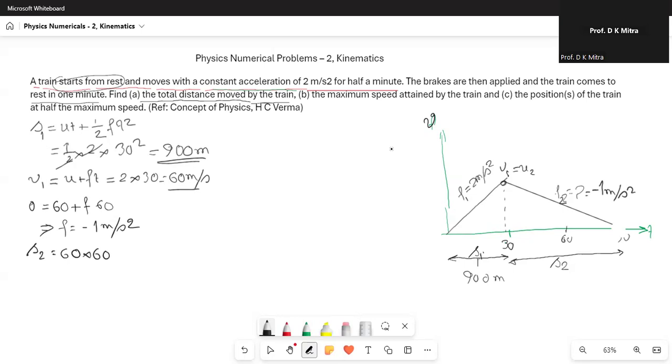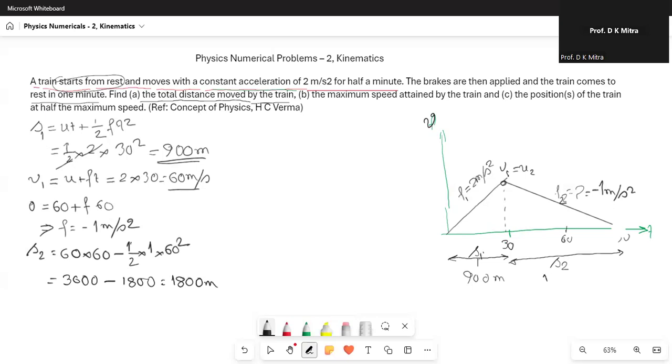F is negative, so instead of a plus sign we write a minus sign. Once again, F is -1 and t is 60, so it is 60 squared. 60 into 60 is 3600, minus 1800, equal to 1800 meters.